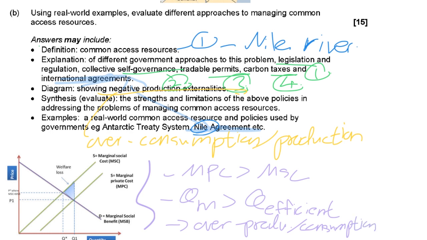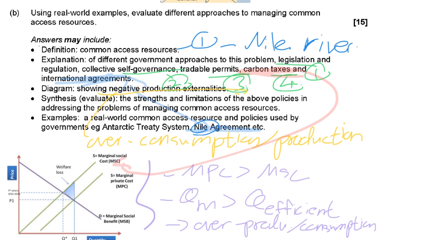Now we will move on to the evaluation. When you evaluate the above policies, you of course have to talk about the strengths and limitations in addressing them. For example, when we deal with negative externality, we may make use of a carbon tax as one way to do it.